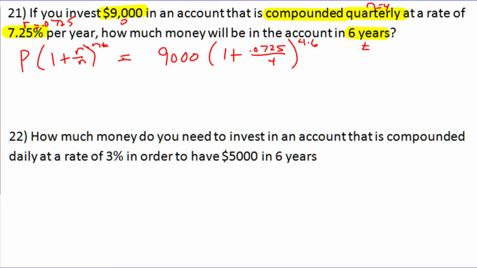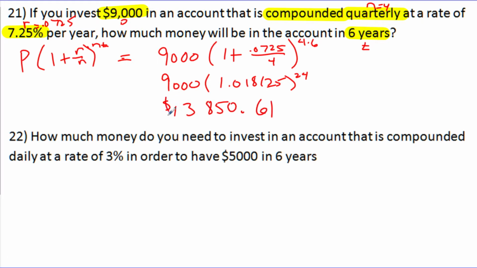So it looks like it's going to be 9,000 times 1.018125 to the 24th power. Now we have to do the exponential first, so make sure you raise that number to the 24th first, multiply by 9,000, and it looks like we're going to end up with $13,850.61. That would be our final answer for that one.